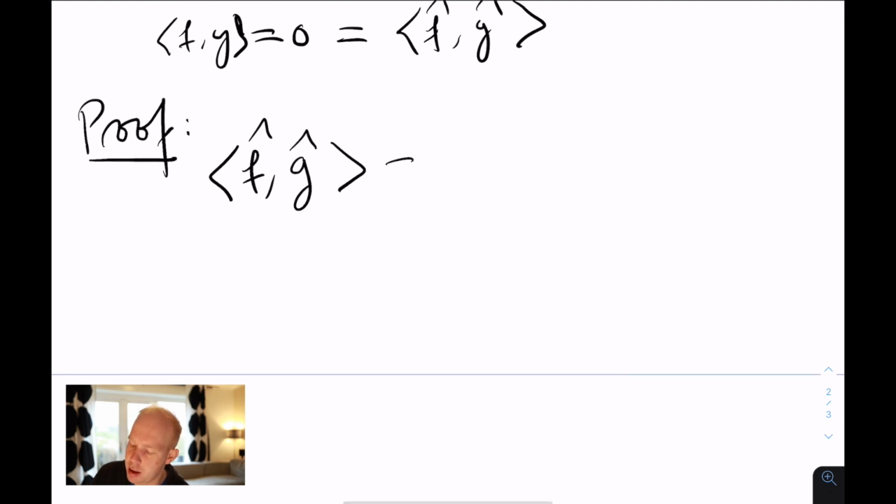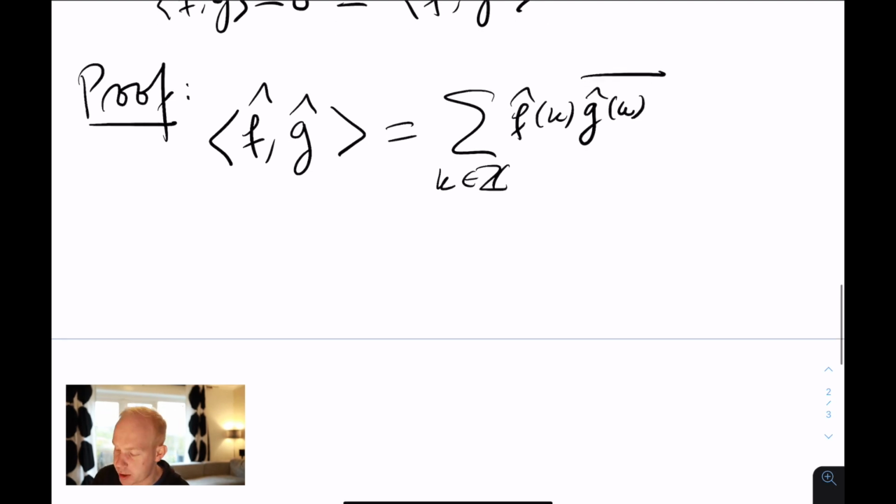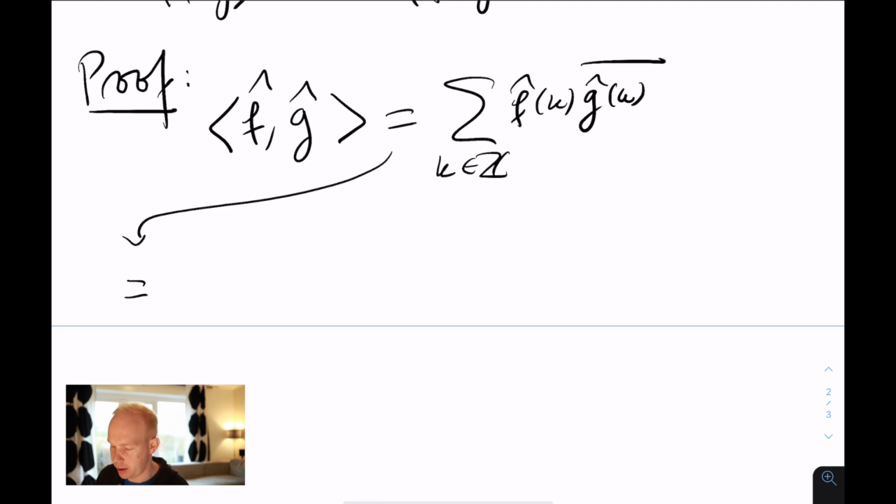So we use the definition of the inner product, f hat(k), g hat(k) for a transform like this. And now, let's go a bit backwards here. So let's give some space. We still have the sum over k in Z_p here, but let's open the definitions of the Fourier transform.